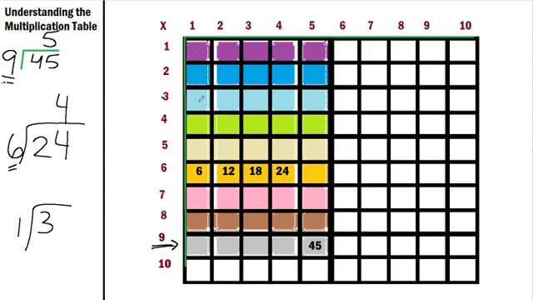Actually, for that one, we're dividing by 1, and we're going to count over until we get to 3. So we end up with 1, 2, 3. And so we have 3 divided by 1 equals 3.